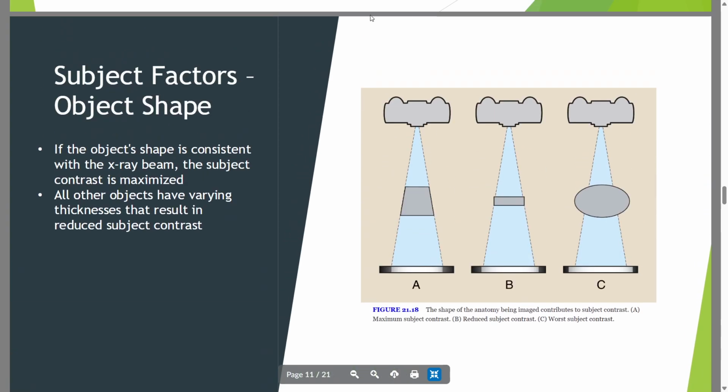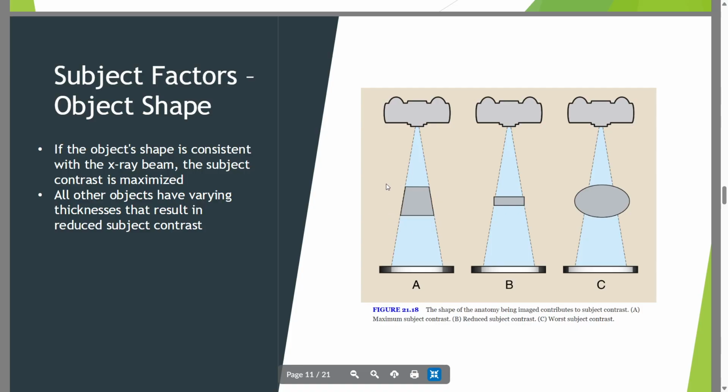Object shape also has a pretty significant factor on the subject and how it will appear as far as contrast is concerned. In a perfect world, if the shape of the object coincided with the shape of the X-ray beam, then the subject contrast is maximized.